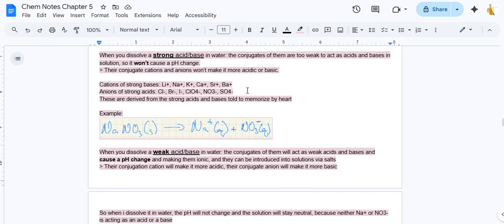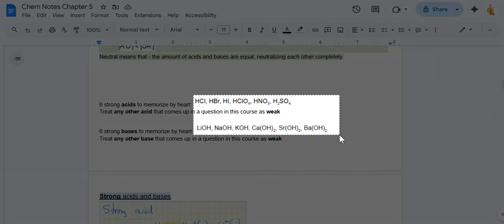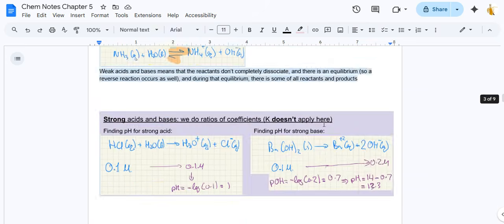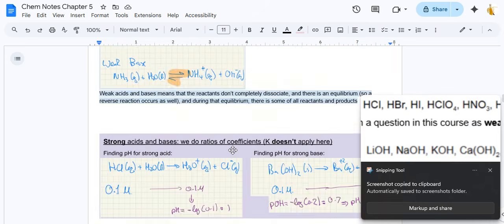You should memorize those by heart for the exam as well. But you don't have to memorize these separately, because up here you were told to memorize these strong acids and strong bases.